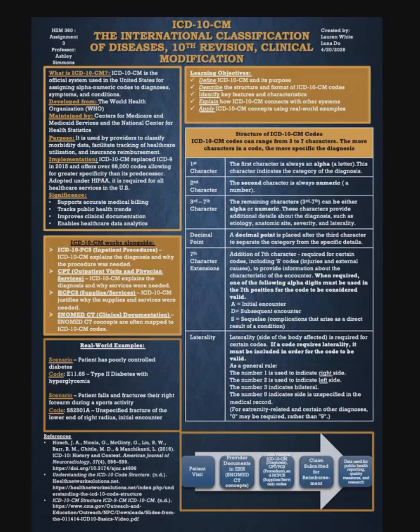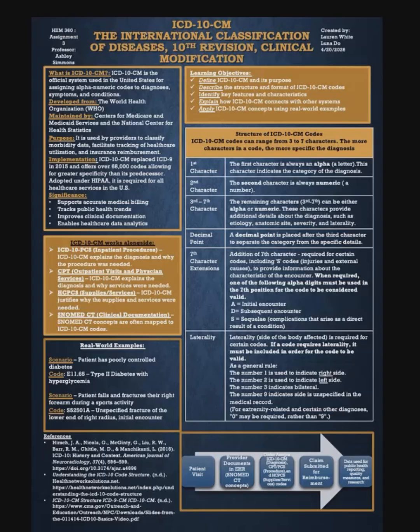And these characters provide additional details about the diagnosis, such as the etiology, the anatomic site, the severity, or the laterality. A decimal point is placed after the third character to separate the category from the specific details.